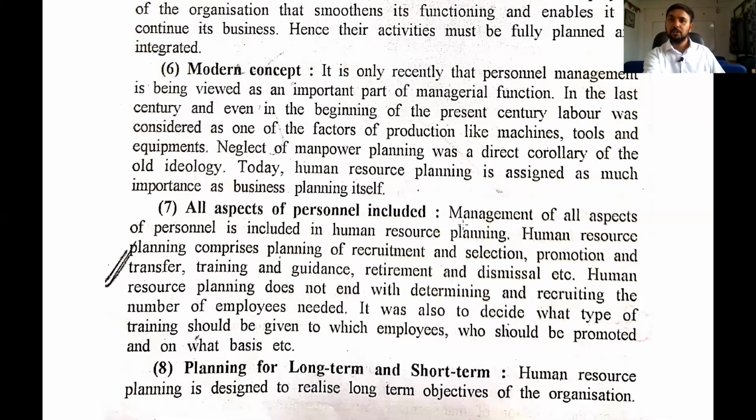Let's read it. Management of all aspects of personnel is included in human resource planning. Human resource planning comprises planning of recruitment and selection, promotion and transfer, training and guidance, retirement and dismissal. So all these things of personnel management are considered in human resource planning.